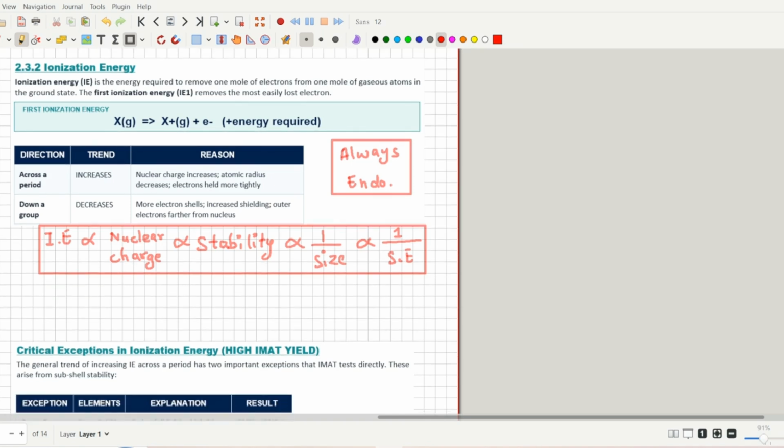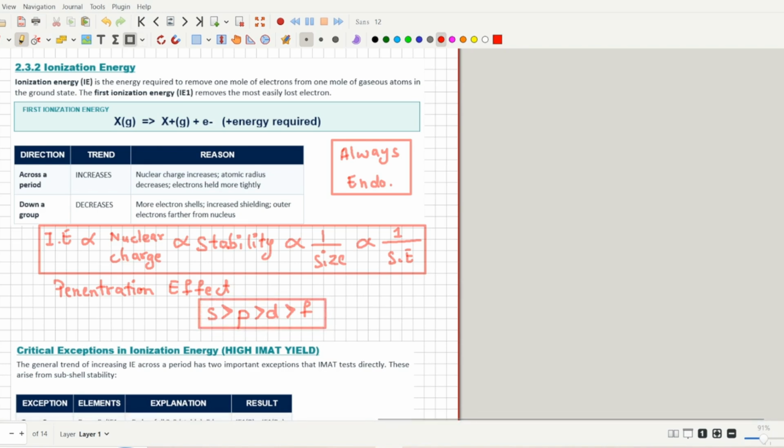Now, what is the penetration effect? If electrons penetrate an atom, then the penetration effect can be written down as S, P, D and F. The atom that has electrons in the S subshell will have the highest penetration effect, then electrons in the P subshell will have less penetration effect, then D, and then F. So for ionization energy, S has the highest and F has the lowest.